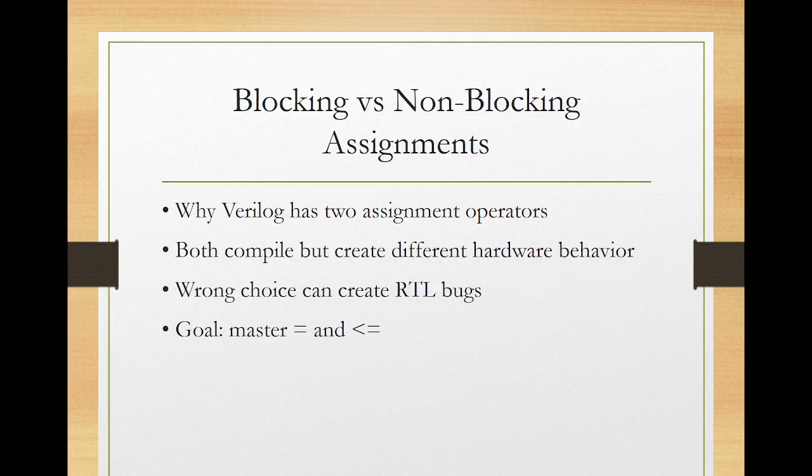Today, we are talking about one of the most misunderstood topics in Verilog, a tiny symbol that has destroyed thousands of simulations. The difference between equals and non-blocking assignment. And trust me, after today's video, you will never look at these symbols the same way again.